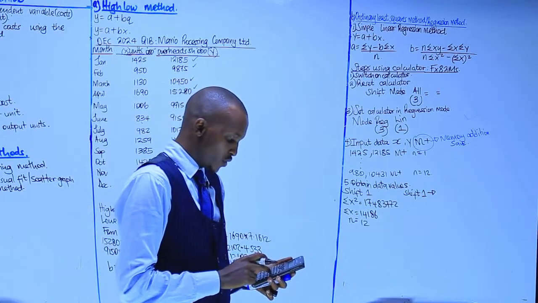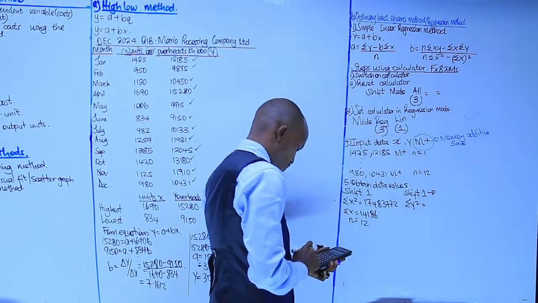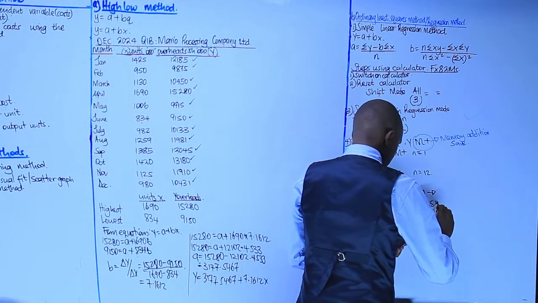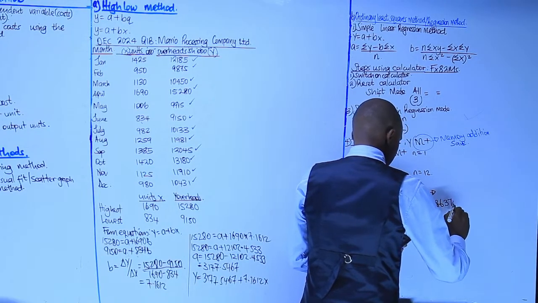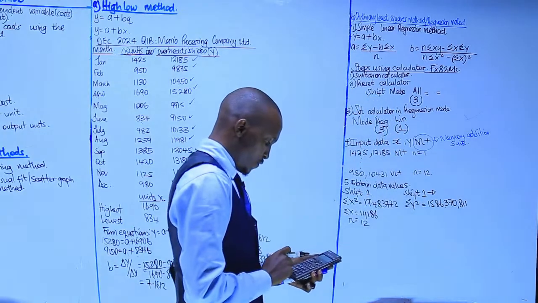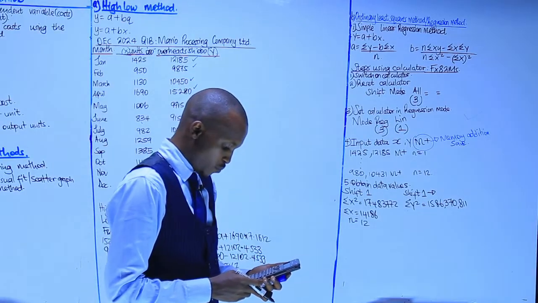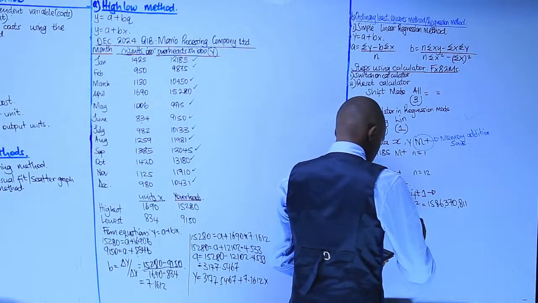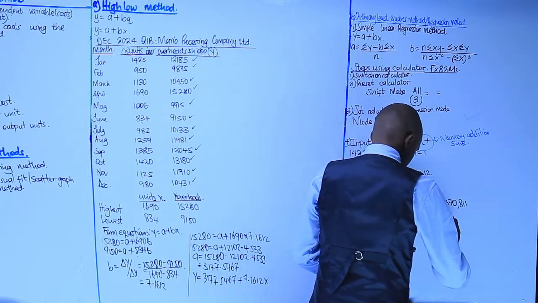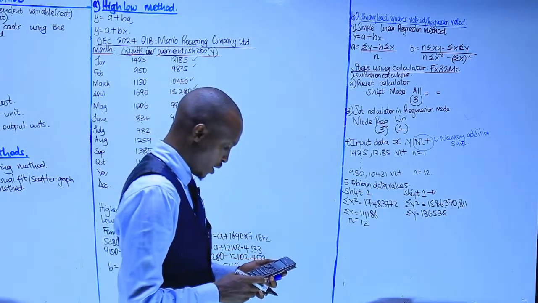So you press shift 1 and move to the right, such that the summation of y squared can be obtained by pressing 1, then equals: 370,811. Shift 1, move with your direction key, the summation of y is 136,535, and then the summation of xy.